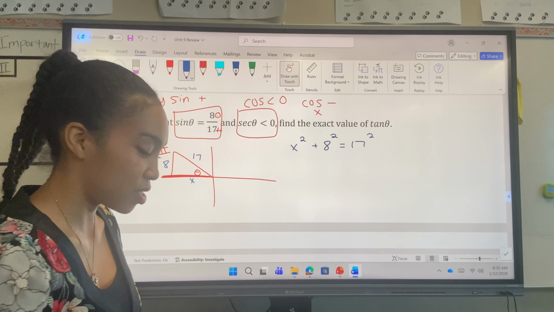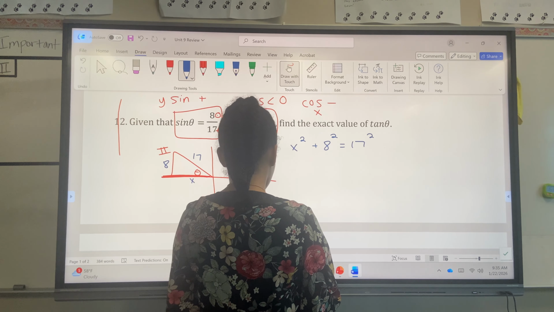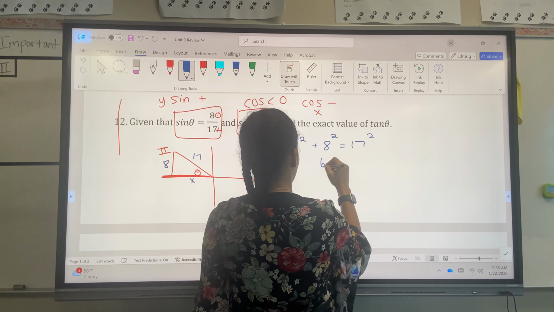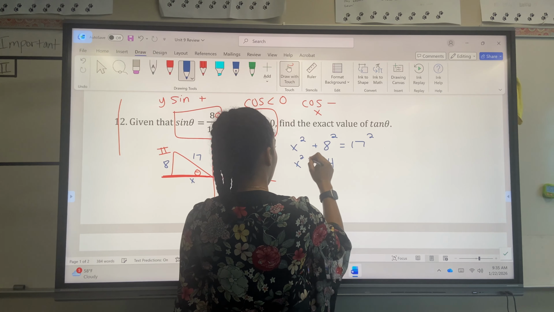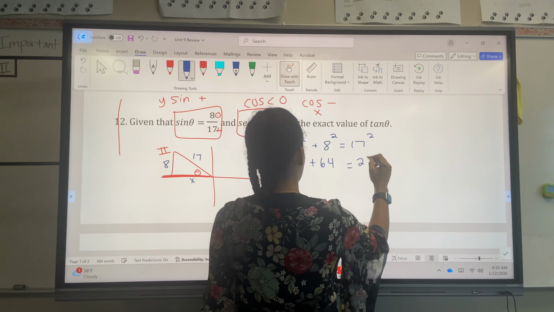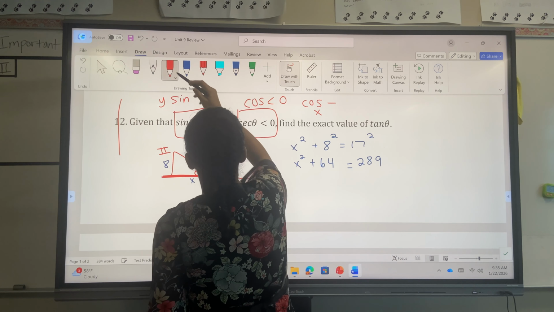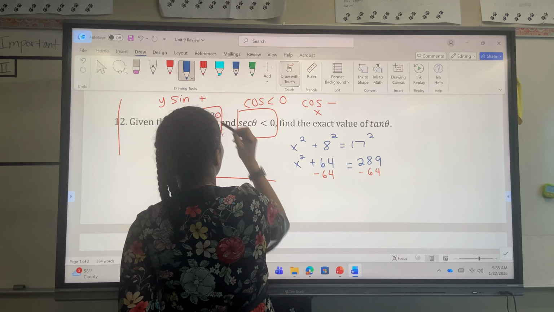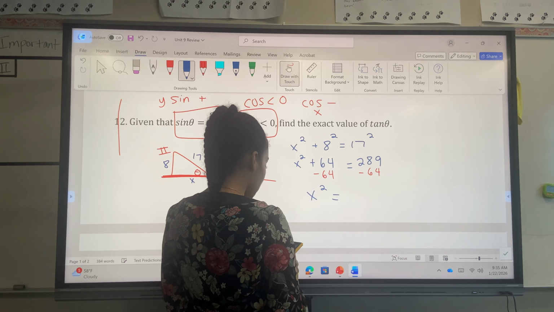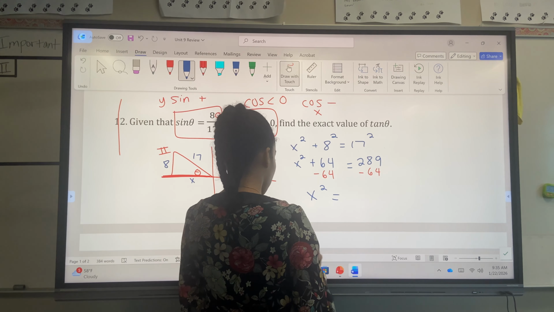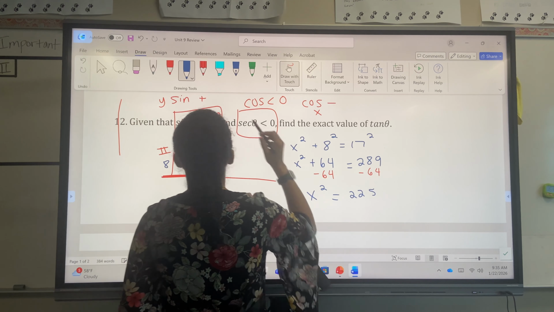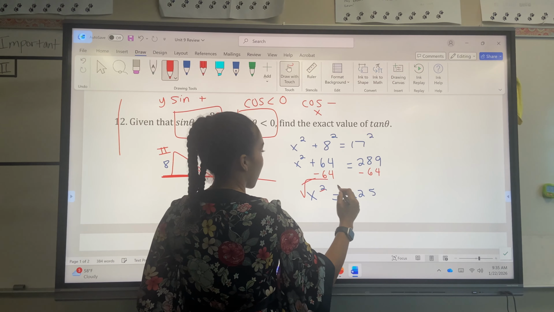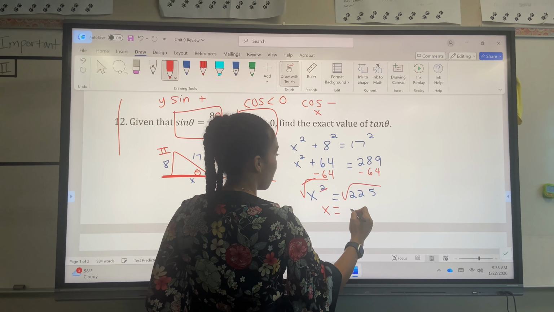So 8 squared is 64. And 17 squared is 289. Then you're going to subtract both sides by 64. So you get x squared is equal to 289 minus 64 is 225. And then you can square root both sides. So you get x is equal to 15.